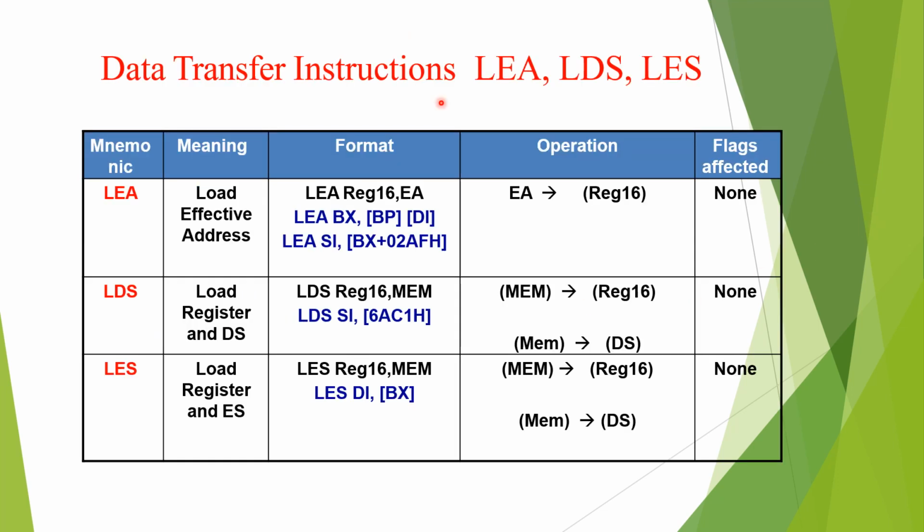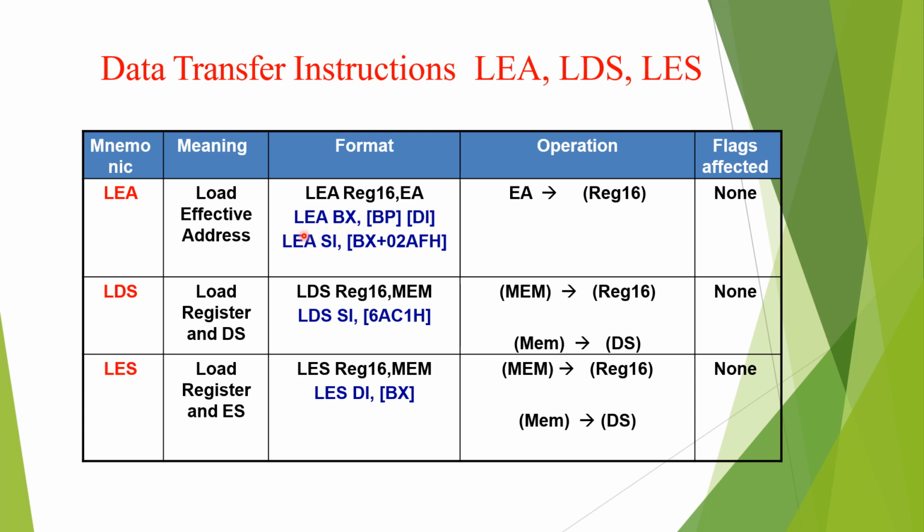And next instruction is LEA, LDS, and LES. LEA stands for load effective address, LDS stands for load register and the data segment, and LES stands for load the register and the extra segment. Here the format is LEA register 16, the effective address. Effective address is a 16-bit number pointing to any address.